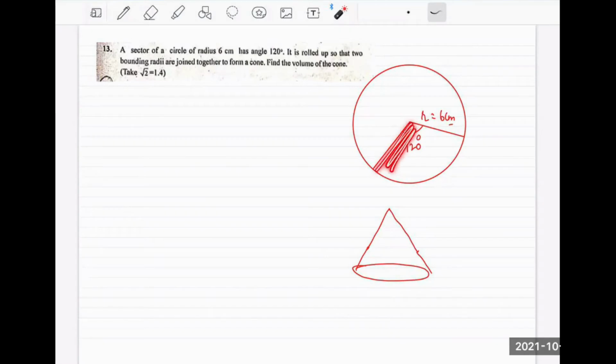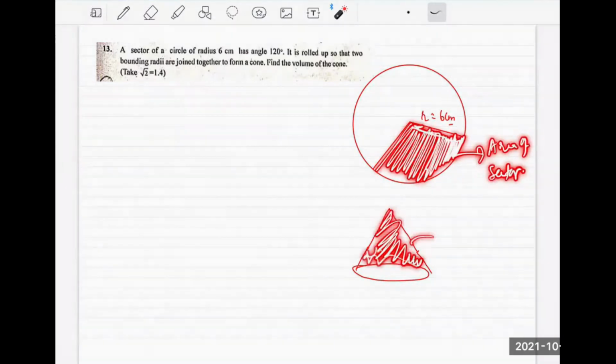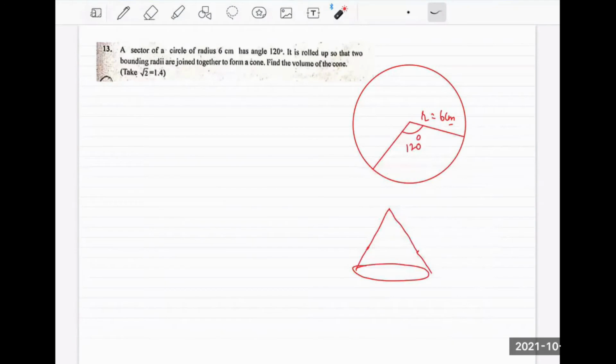First way, this part right here is the area of the sector. The area of the sector is this portion right here, which becomes the curved surface area of the cone. But in order to do that, we will need the radius, and then the slant height, which will become the radius.